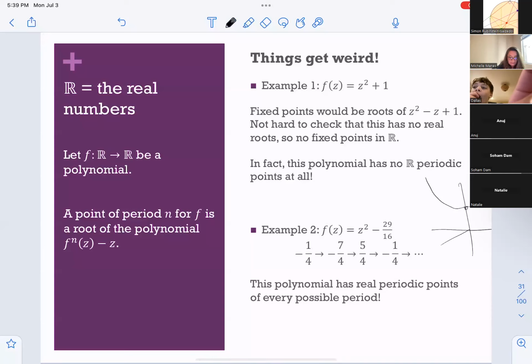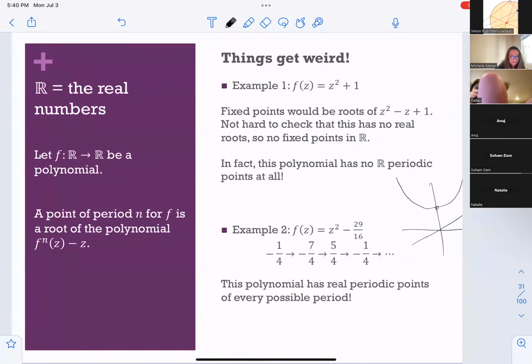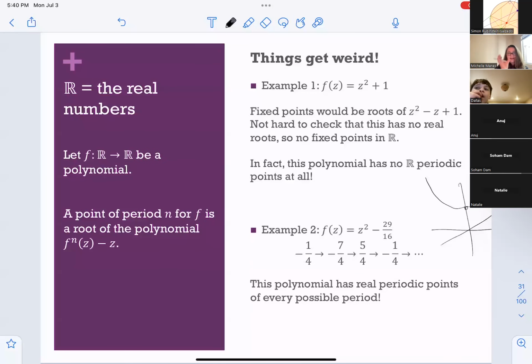And if I draw the line y equals x, those are never going to intersect, right? Because the parabola always sits above. So for this function, there's a way to see that I'll never have them. And as I iterate, it's going to get even more positive.